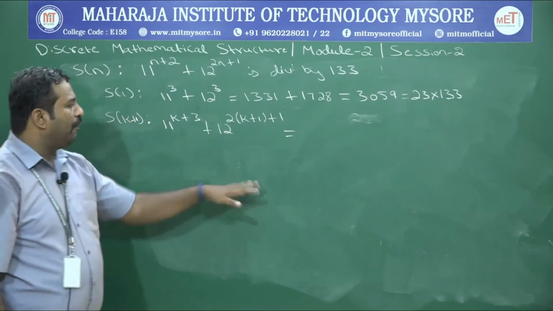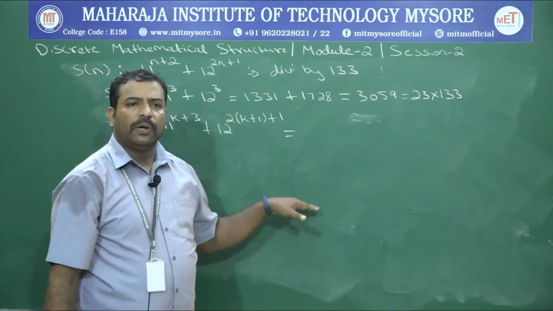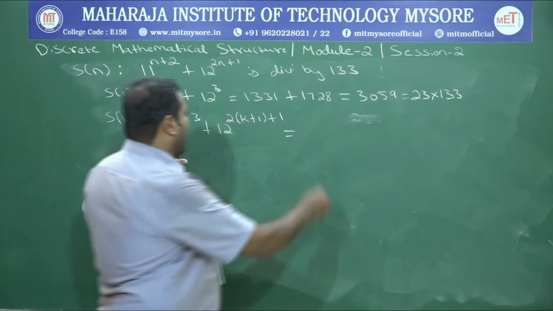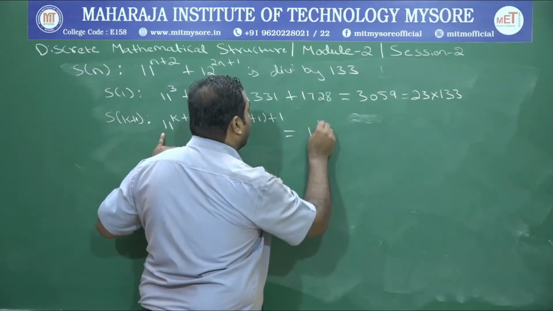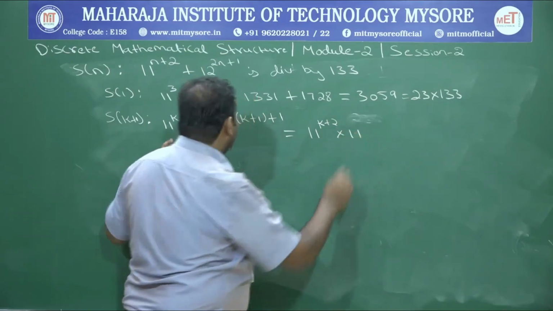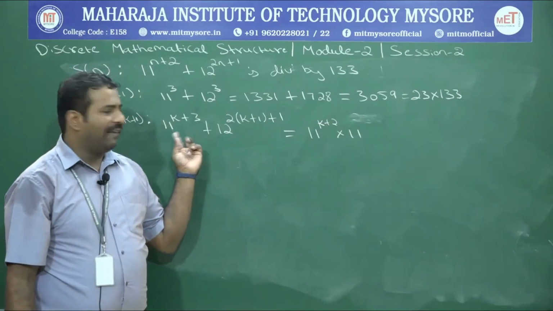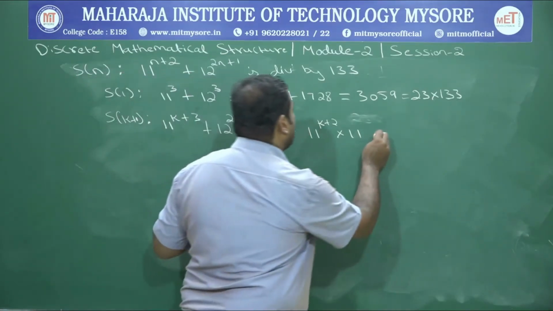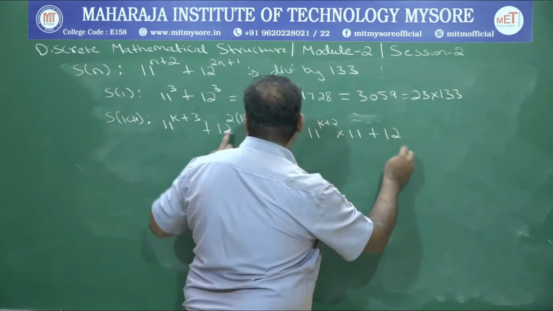Let us go on simplifying this and check whether this holds good or not. 11 can be written as 11 to the power of k plus 2 into 11. I am just splitting this out. So 11 to the power of k plus 2 into 11, and plus 12.